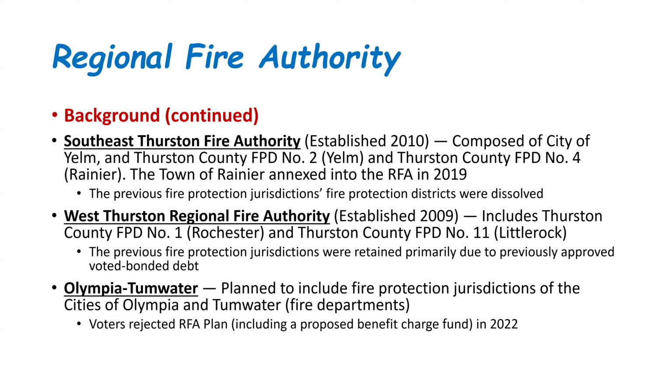One was the notion of the fire benefit charge, which they had as part of the ballot measure, which required supermajority approval. They ran it together, in one measure. Their plan included the fact that they were going to use a fire benefit charge to help fund that new RFA. And my opinion is that's what sank that proposal.